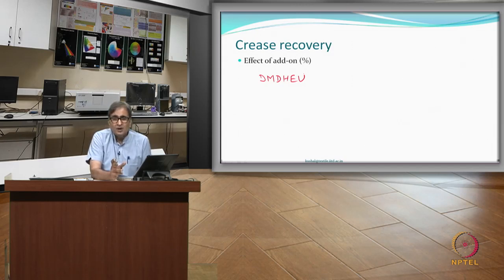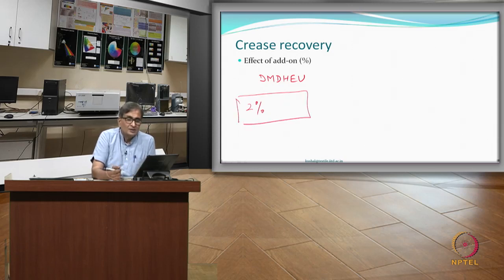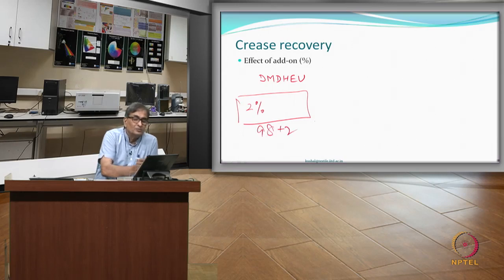You must remember, I hope you remember already, that there is a difference between content and add-on. Okay? If somebody says the chemical is 2% of the weight of a fabric, then it means 98 plus 2 in 100.